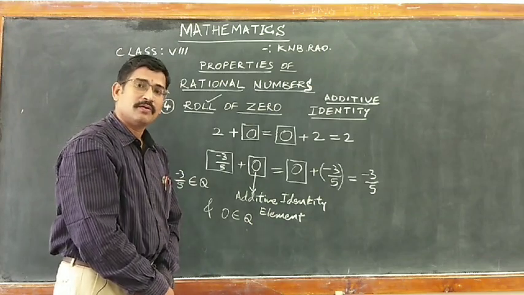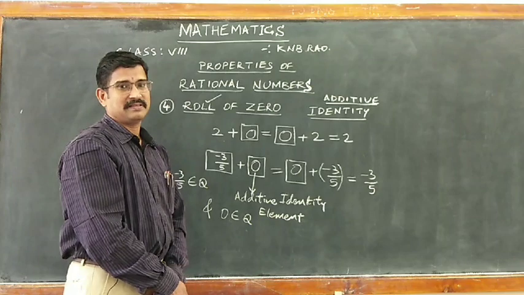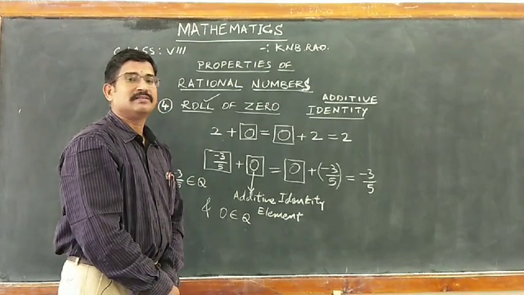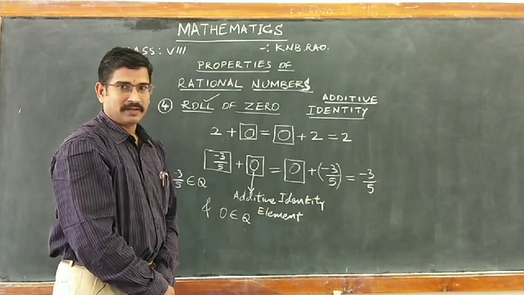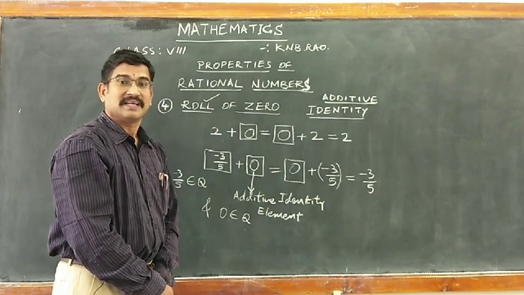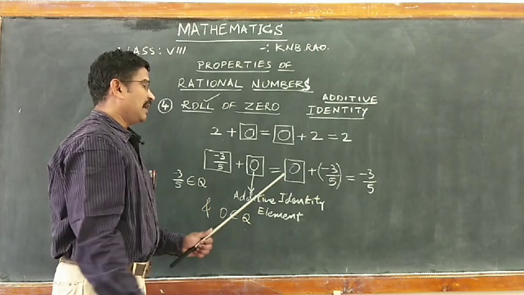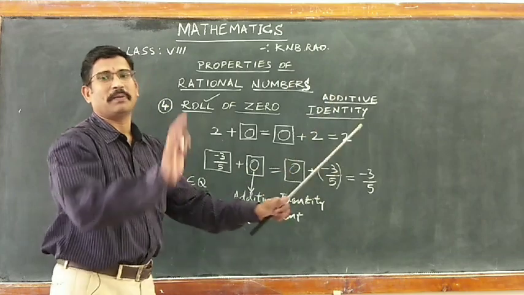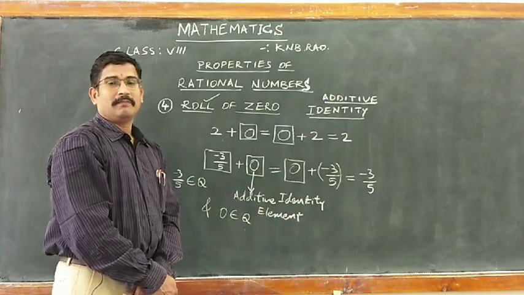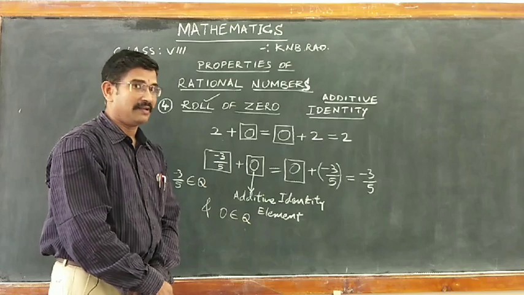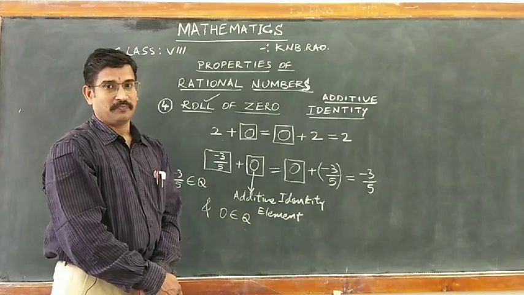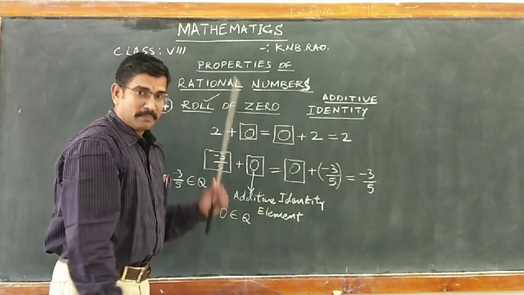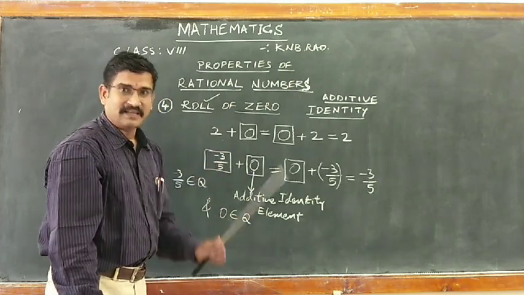To which type of numbers does it happen? Children, remember, 0 is not part of natural numbers. That means the natural number set cannot have the additive identity element, so it will not follow the additive identity property. But for the rest of the type of numbers we learnt, from whole numbers onwards, 0 is a part of them. Therefore, the whole number set and the integer set.